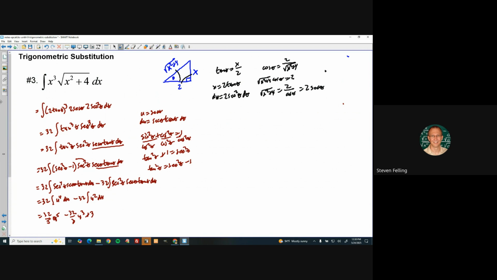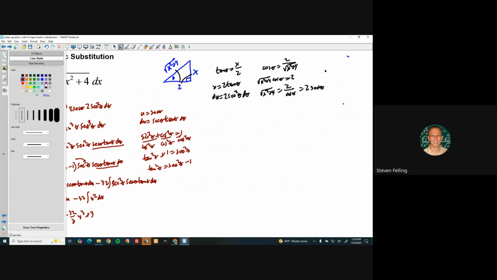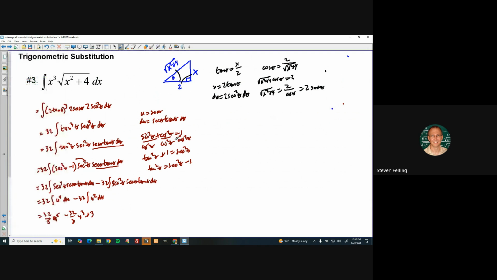I'm going to change colors and write the result over here. So we have 32 over 5 times u, which is secant, to the 5th power, and then minus 32 over 3 times secant cubed plus our c. Now, to take those back to the original x, I'm going to have to somehow use this.